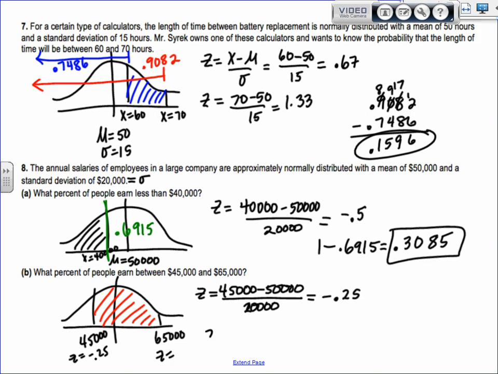And then the other z-score is going to be 65,000. Geez, I'm seriously struggling with my zeros here, aren't I? All right, minus 50,000 all over 20,000. So I get 15,000 over 20,000, so 0.75. So I'm going to look up both. So when I look up 0.25, because I can't look up a negative, I get 0.5987.